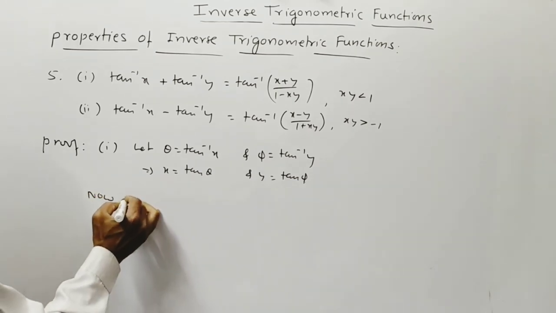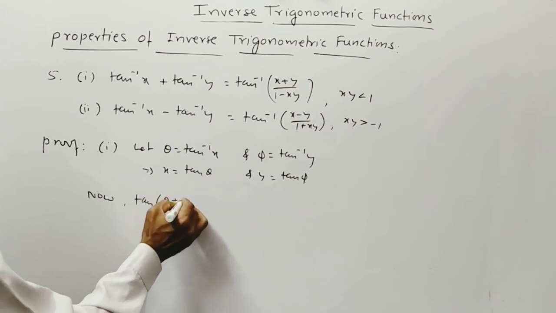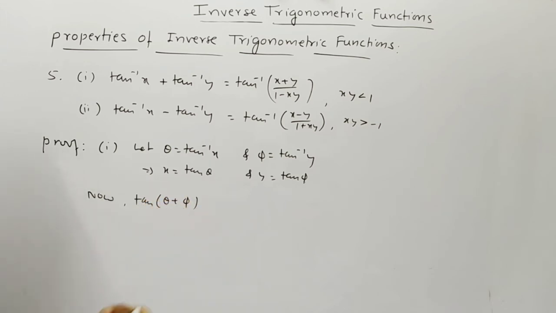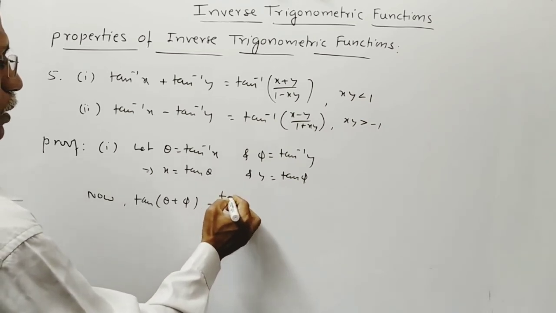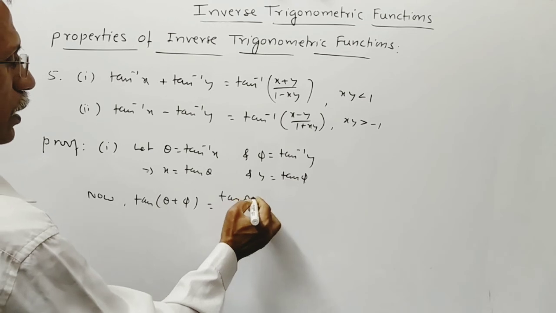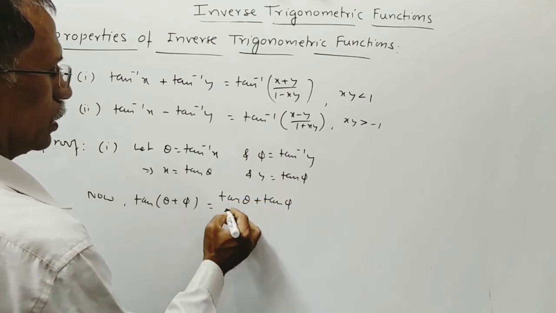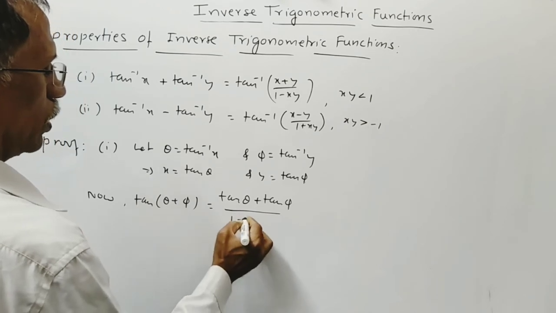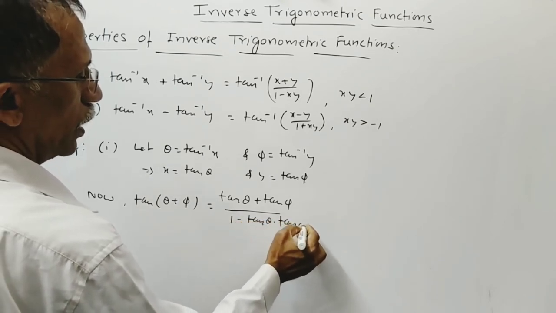Now tan of theta plus phi is equal to this formula we have learned last year, that is tan theta plus tan phi divided by 1 minus tan theta into tan phi.